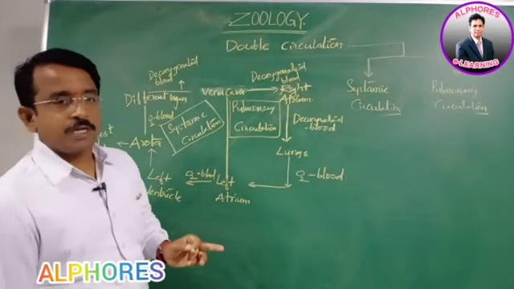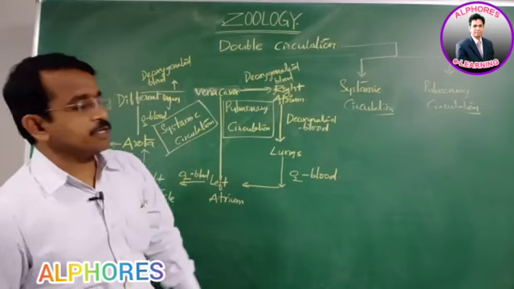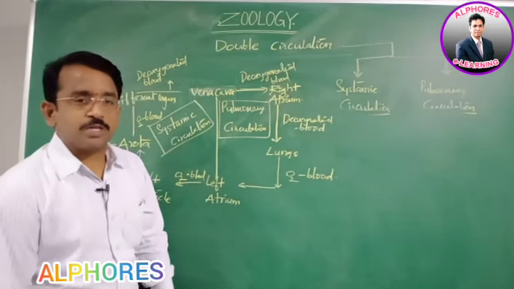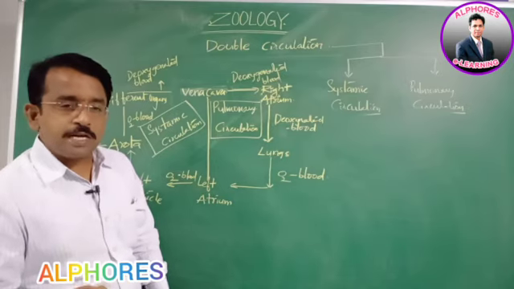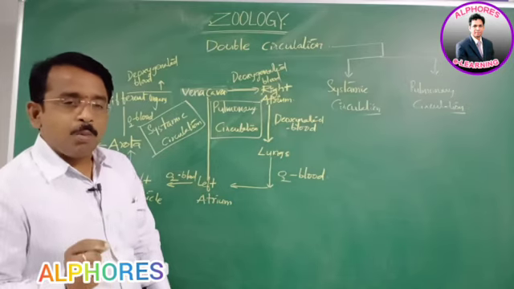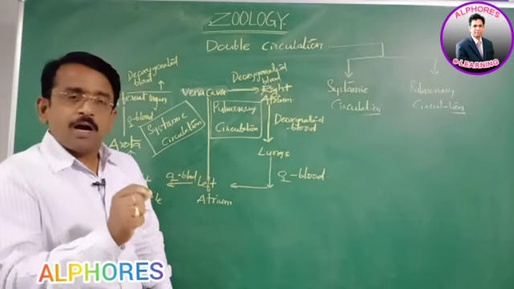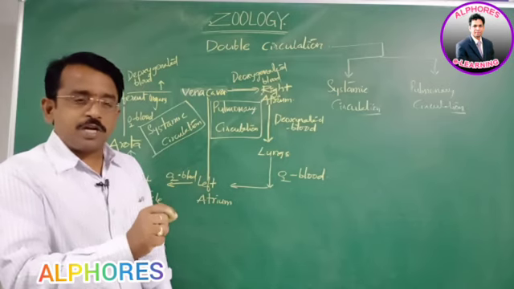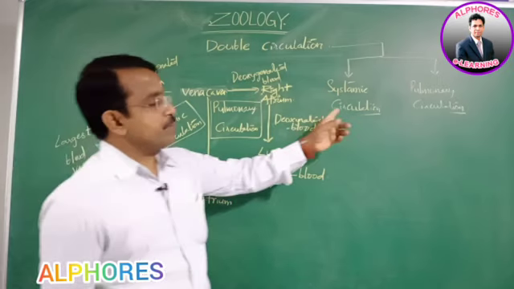I repeat, two types of circulation are seen: systemic circulation and pulmonary circulation. Systemic circulation means the oxygenated blood goes from the heart via the aorta to different parts, and the deoxygenated blood from different parts comes into the heart. That is systemic circulation.